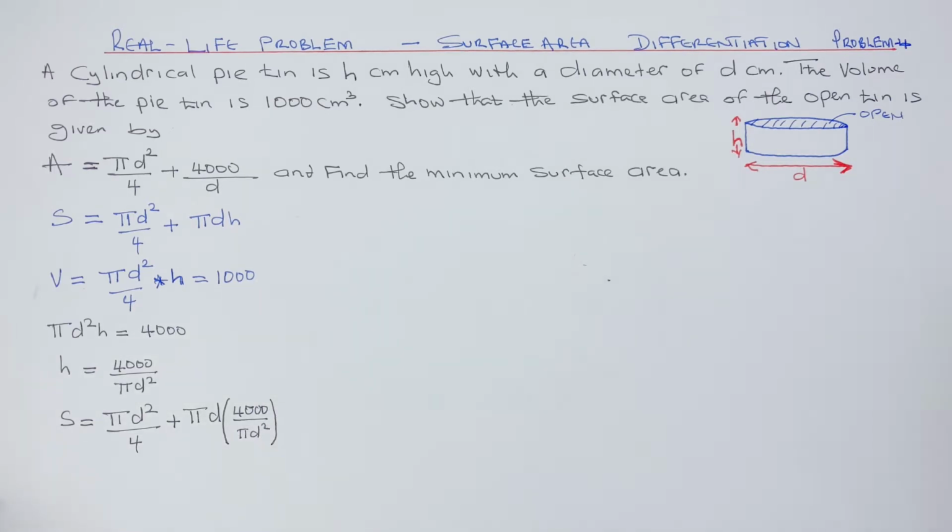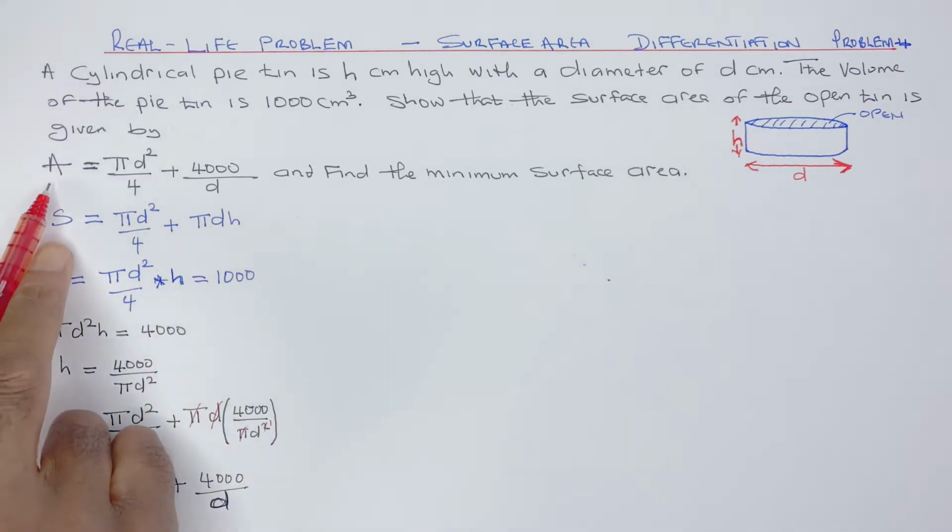As you can see, the pi cancels pi, d cancels one d, so you've got one d left. Now, to simplify that, the surface area S equals pi d squared over 4 plus 4,000 over d. And that is what is required that we prove.